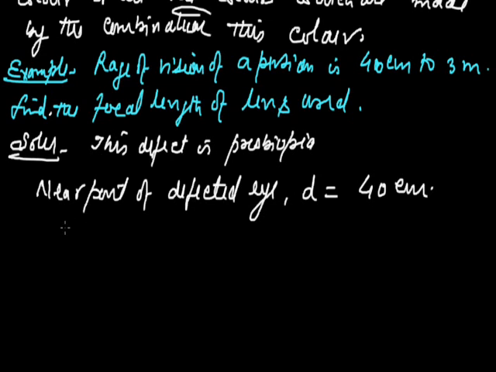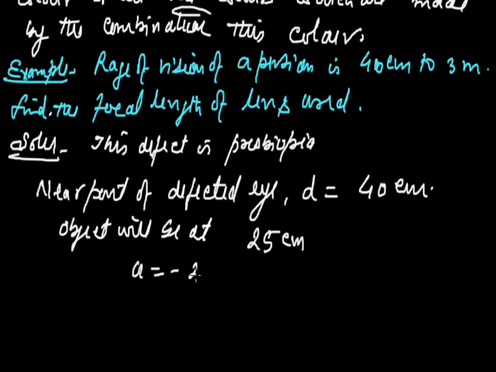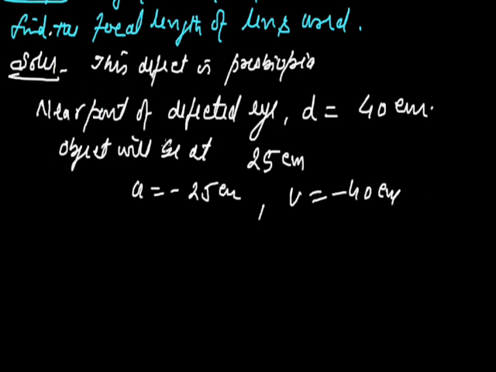For correction, the object will be at 25 centimeter, or we can say u is minus 25 centimeter and v is minus 40 centimeter. So 1 upon f is 1 upon v minus 1 upon u.